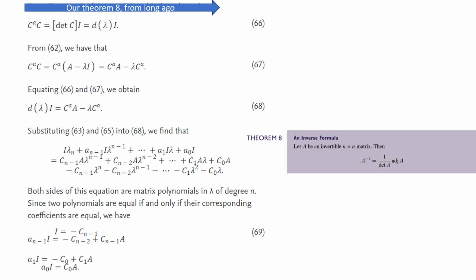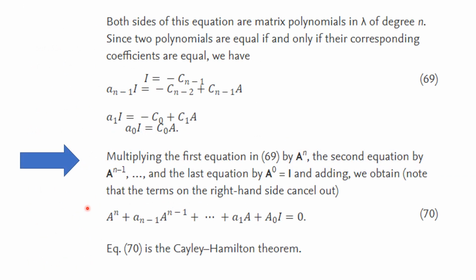But we're almost finished. Because we'll multiply the first equation by A to the n, the second equation, both sides, by A to the n minus 1, and the last equation by A to the 0, which is the identity matrix, and then we will add.